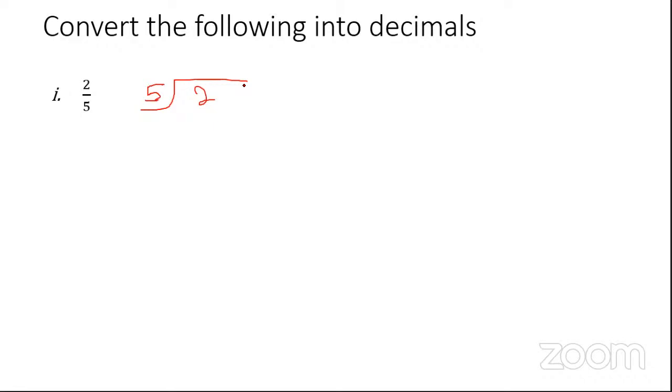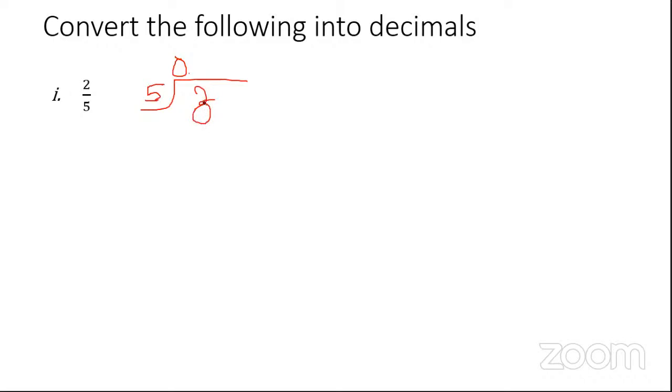Yes. So how do you get the answer is what I want to know. Teacher, by dividing. The 2 cannot be divided by 5, so you write 0 up. Yes. You multiply the 0 by 5 and it gives you 0. Then you write the 0 under 2.